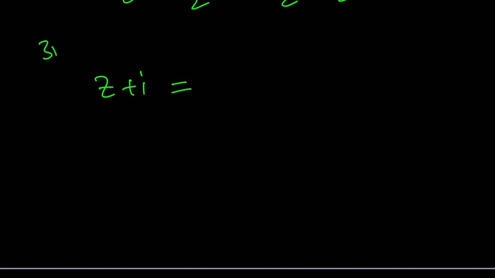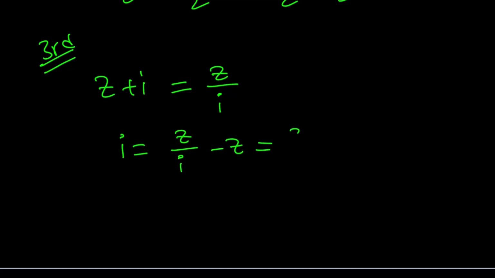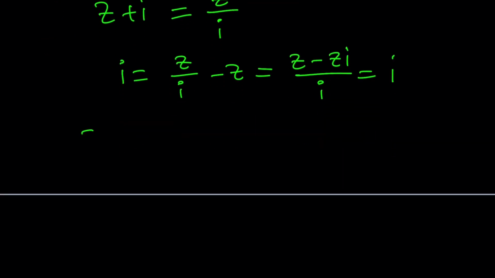I guess we could call this the third method if you want. But here's how it works. We can go ahead and subtract z from both sides, and we would be getting this. And then I would make a common denominator, z minus zi over i equals i. And then I can factor out z, 1 minus i, and then of course, i times i is just going to be i squared, which is negative 1.